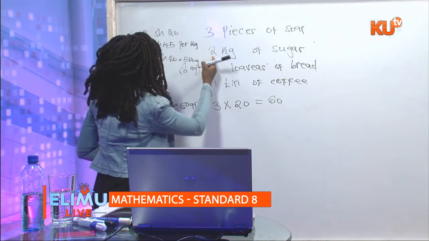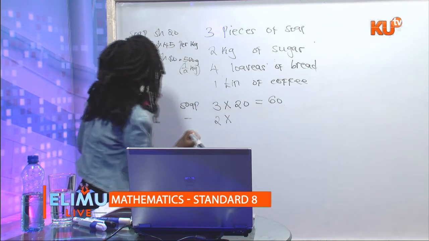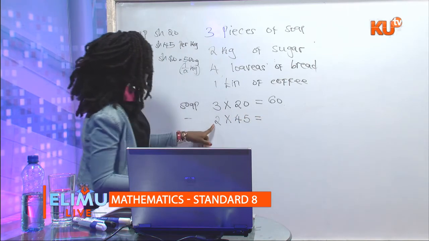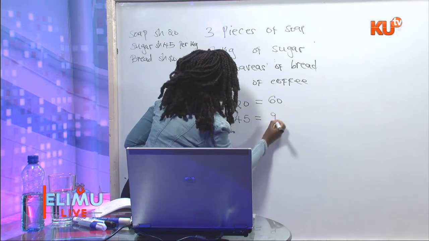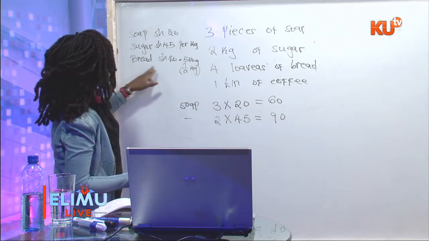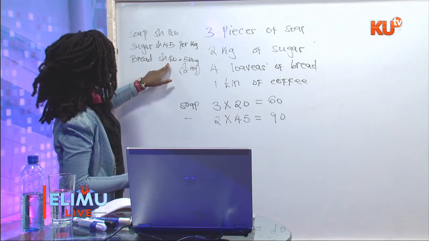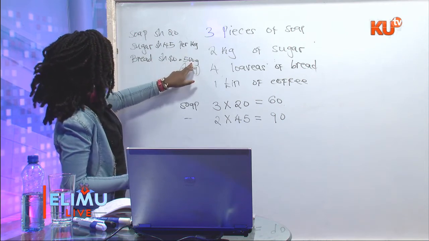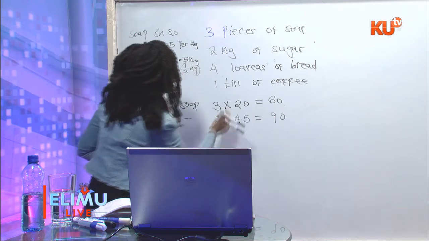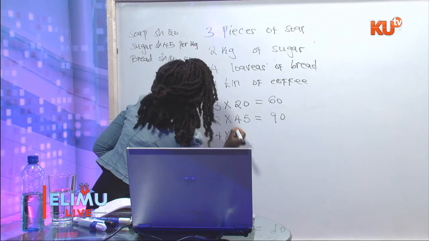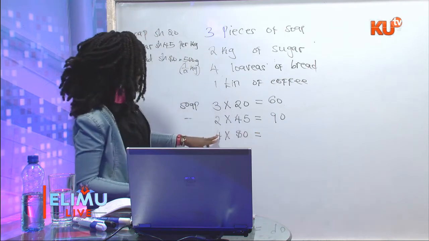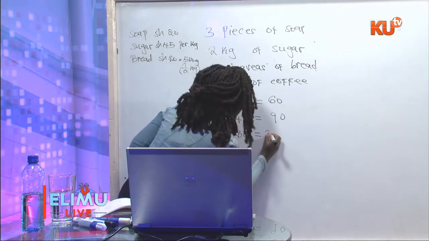So it is the number of kgs, 2 kgs, times the cost of 1 kg, which is 45. So it's going to be 2 times 45. We get 90 shillings. Then 4 loaves of bread, and 1 loaf costed 80 shillings. That is per 500 grams. So 1 loaf of bread is 500 grams. So we are going to take the number of loaves, which is 4 times 80. We get 320.